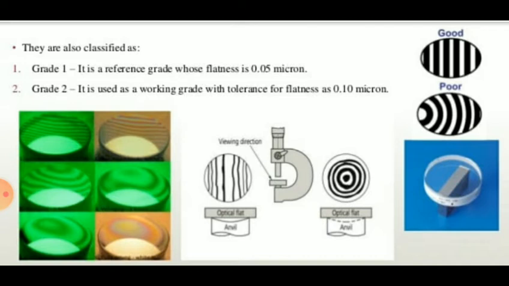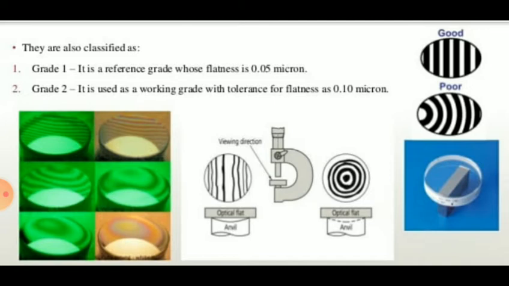At the bottom there is a surface whose flatness is to be tested, and on top of that surface the optical flat is placed. The optical flat is a cylindrical piece of 25 to 300 mm in diameter with two plane faces, flat and parallel, and thickness of about 1/6 of its diameter.